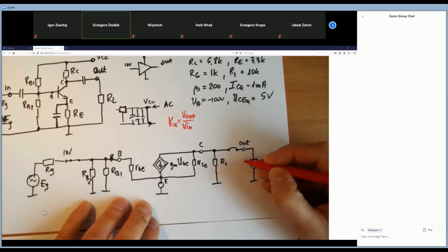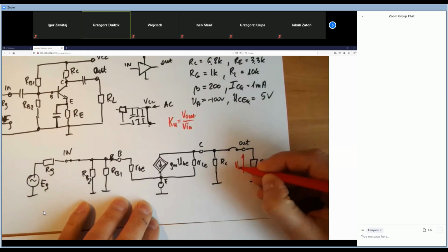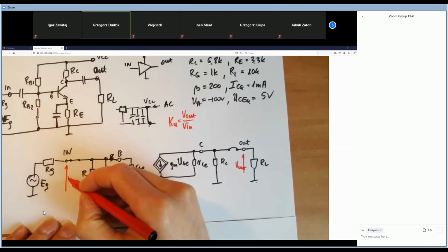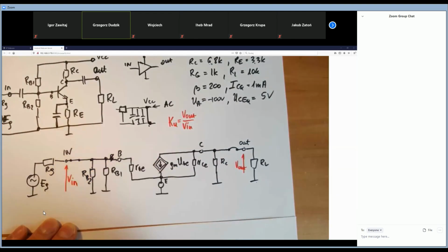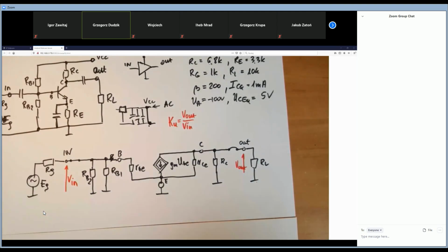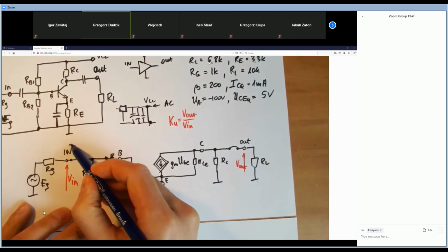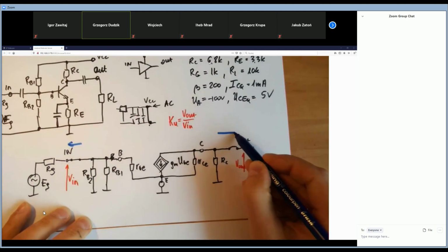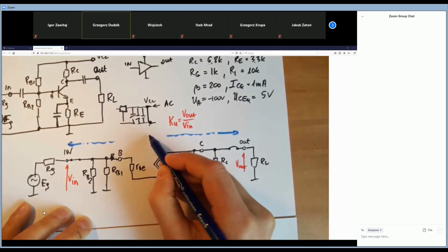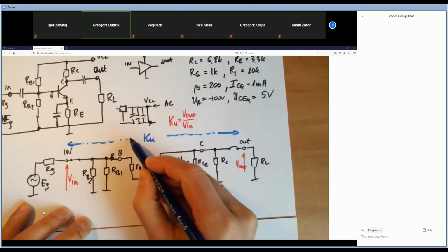So here it is the V out, and here it is the V in. Do you see it? So, in fact, between these 2 points we can calculate the voltage gain.